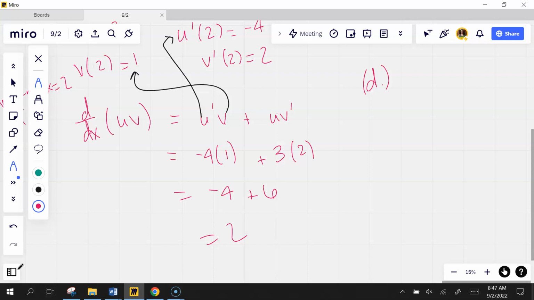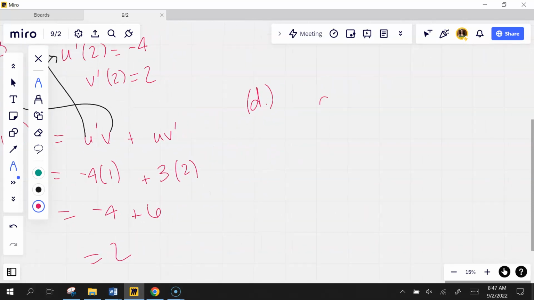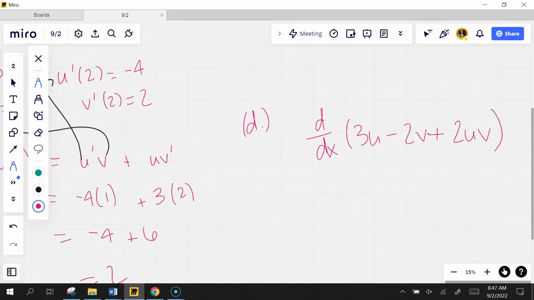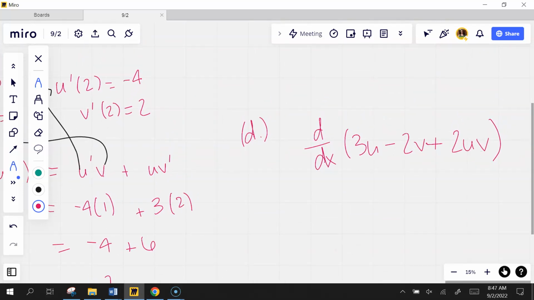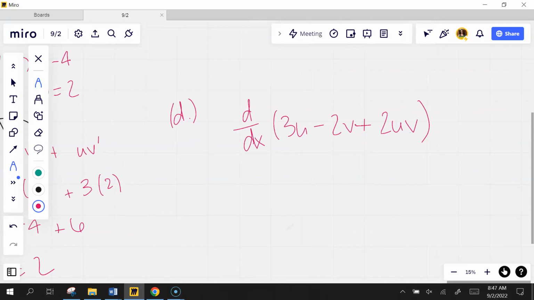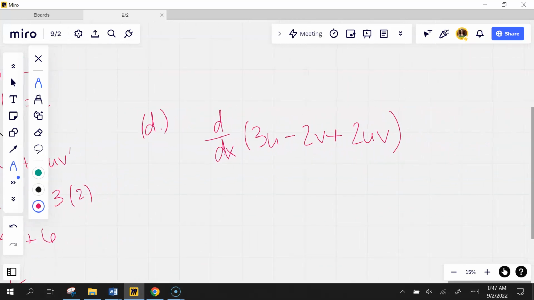You can do B and C. Let's do B. Derivative of, you try this one on your own. I should probably say when x equals 2. Proper notation.